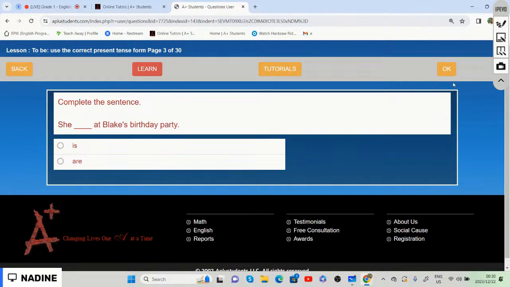She, right? She refers to one person. Do we say she is at Blake's birthday party, or do we say she are at Blake's birthday party?